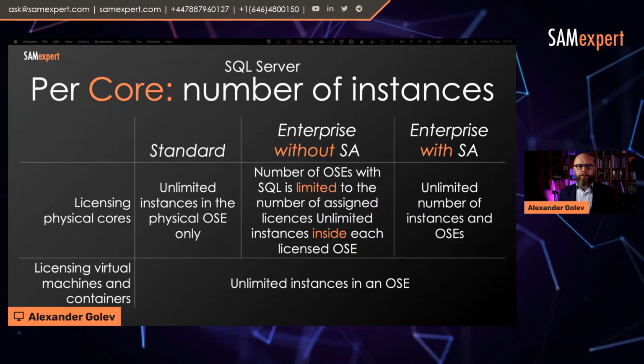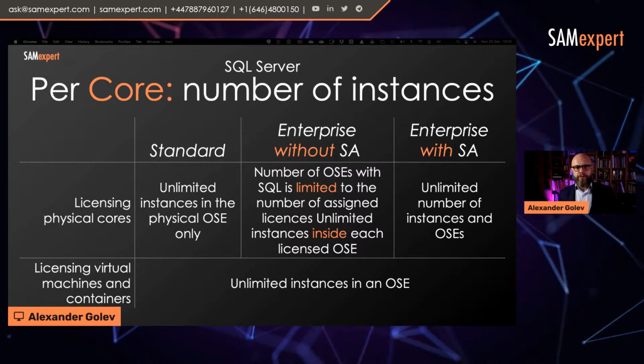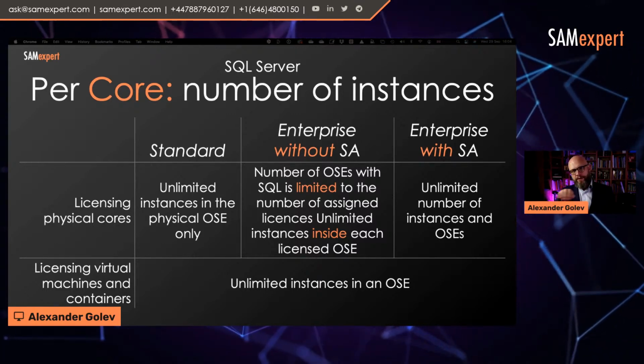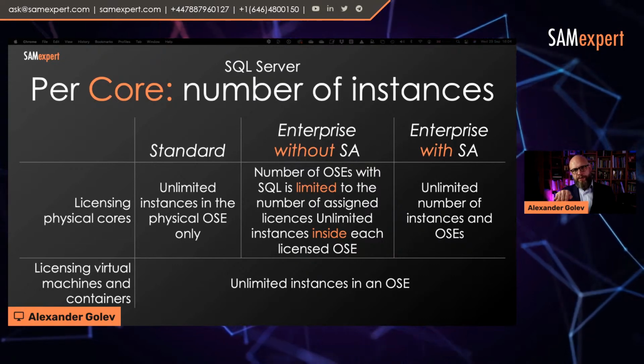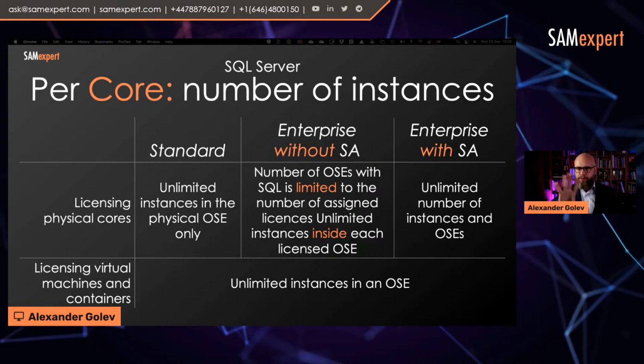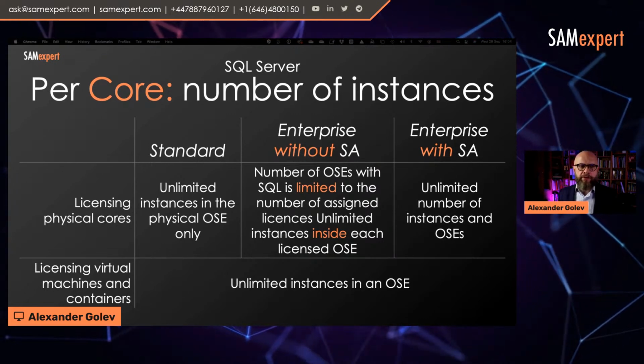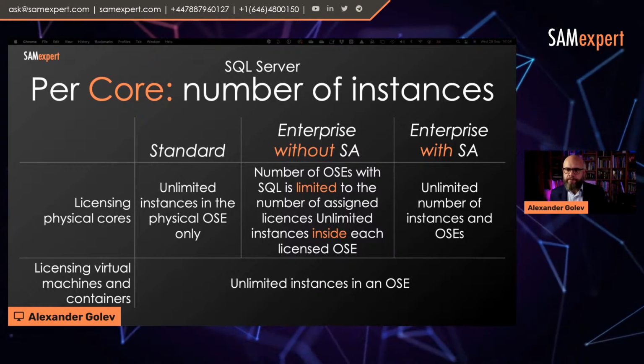So, per core, number of instances, under standard license. If you're licensing physical cores at the server with Standard, you may only run SQL Server Standard in the physical operating system, not virtualized. And the number of instances that you can run there is unlimited.